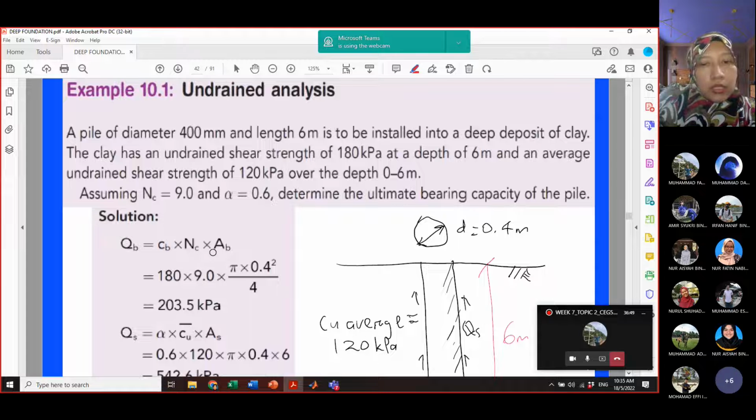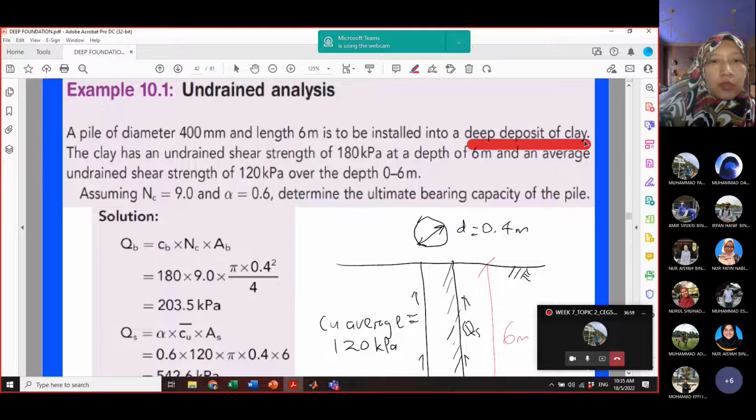In order to analyze the single pile, you are given a diameter of pile is 400 mm and the length is 6 meter to be installed into a deep deposit of clay. So deep deposit of clay pun dia dah bagi you one information. Ada setengah soalan it mention in details by having what? A pile of diameter 400 mm is driven into a deep of clay.